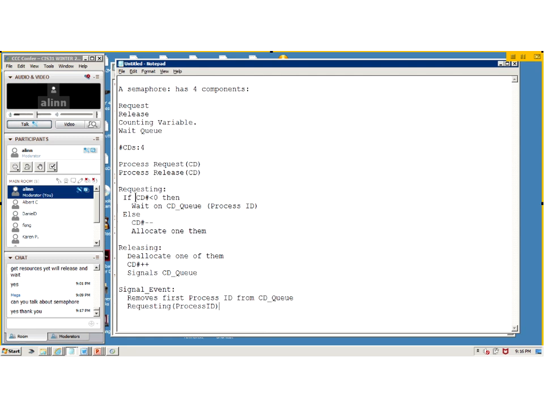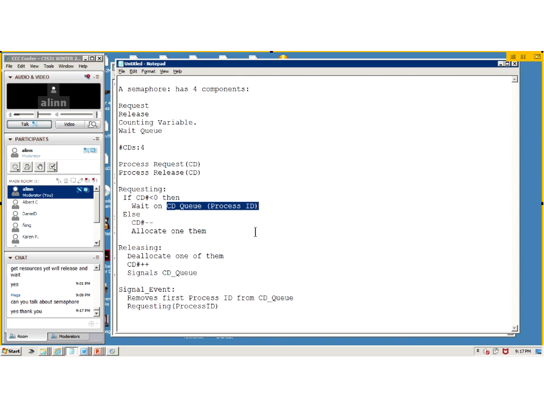Okay, and the idea is you could keep requesting and they keep getting placed on this wait queue, and you're not in a spin lock situation. But I'm going to tell you that to implement the semaphore, this queue could be shared, right, as a shared data structure.